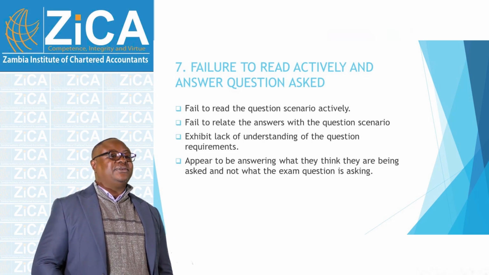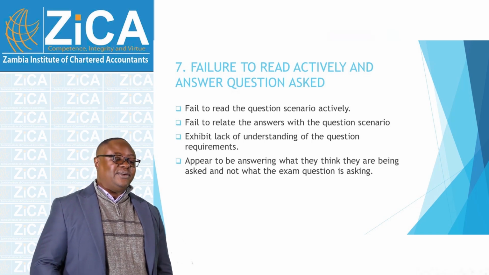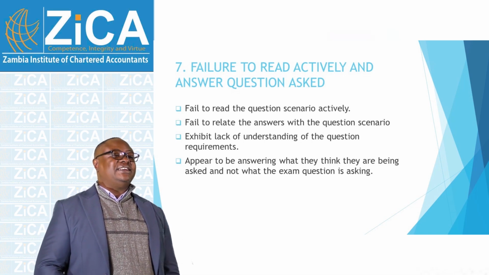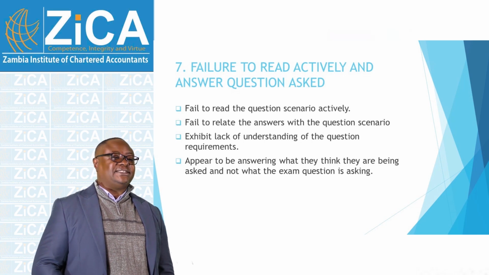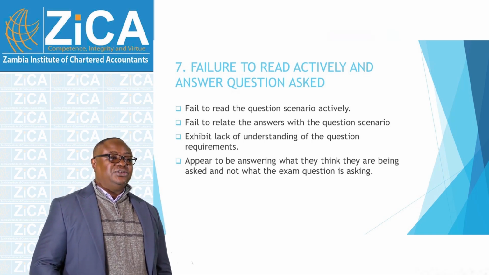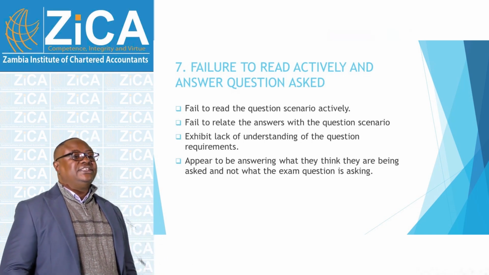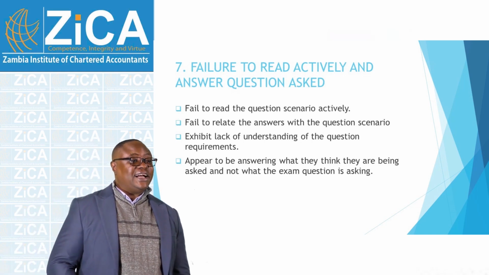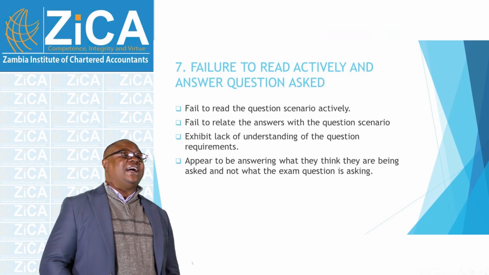This is a situation where a student was expecting a certain question, and they just see a question that is similar to what they were expecting, and they start providing answers in line with what they were expecting. Such a situation will not earn you credit. You need to read the question and answer the question that has been asked.